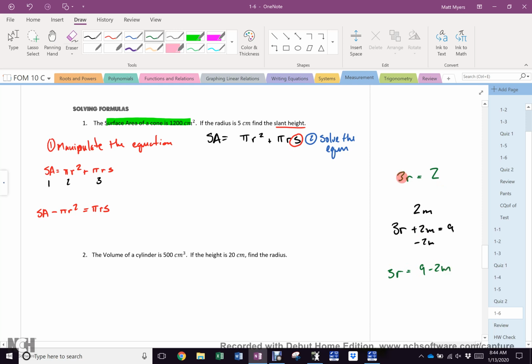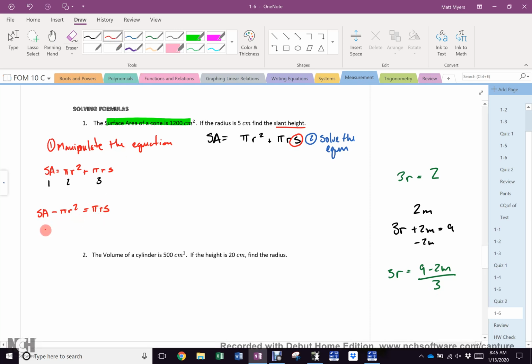Now what would you do with that 3r? You divide, right? So you would divide that by 3, wouldn't you? So what do we got to do here? I've got pi times r times s. So what do I got to do to get rid of times times?